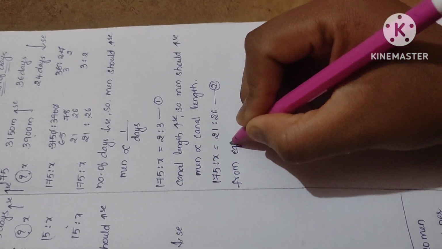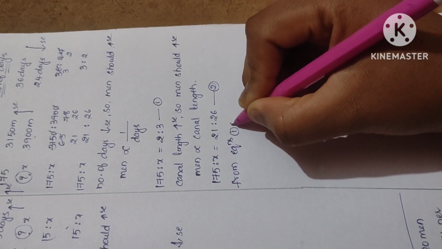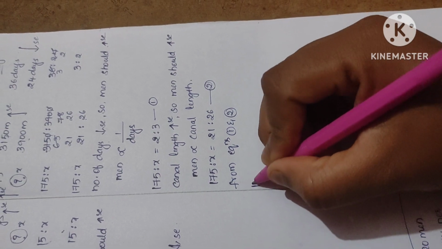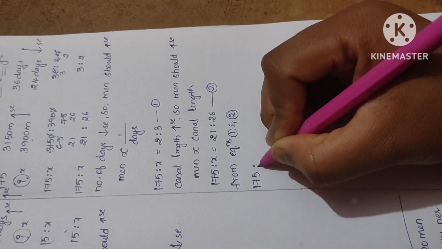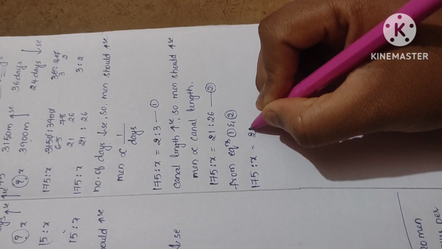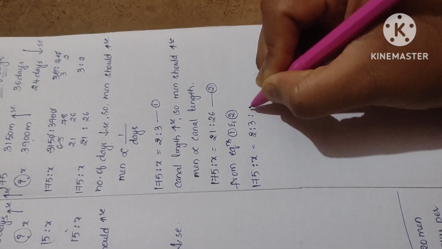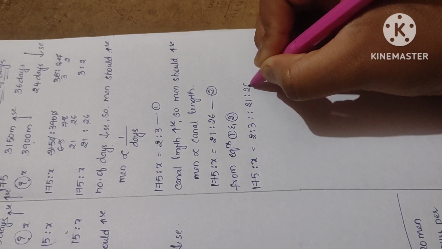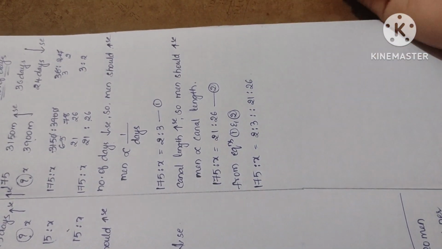From equations 1 and 2 we take the LHS, that means 175 is to x, equal to the RHS, which is the compound ratio of 2 is to 3 and 21 is to 26. How to do the compound ratio?